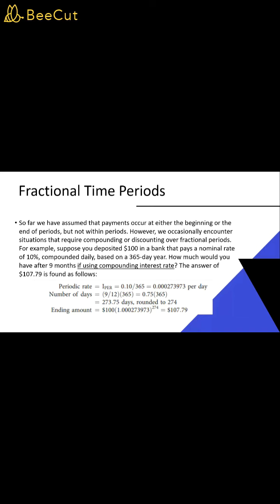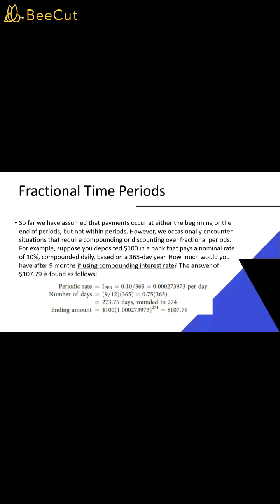If you had invested your money for a whole year, that would be different. But in this case, you're investing it just for 9 months. So 9 divided by 12 multiplied by 365 gives you about 273.75 days. If you round that up, it's going to be 274.